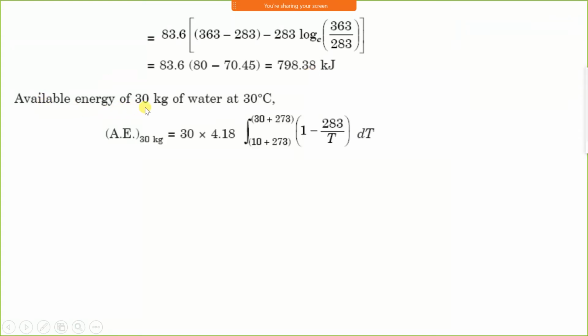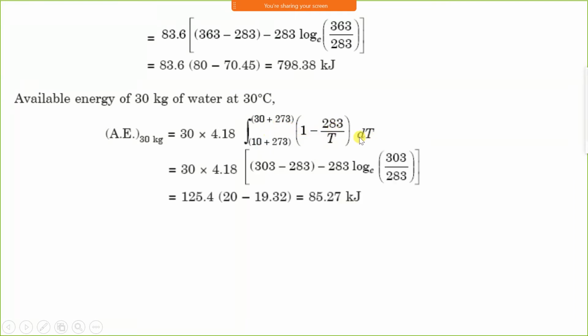The available energy of 30 kg water at 30 degrees Celsius. If we apply the formula of available energy, for 30 kg it is equal to m Cp integration T0 to T of (1 minus T0 upon T) dT. After integration, we will get 30 into 4.18. 30 into 4.18 is 125.8.